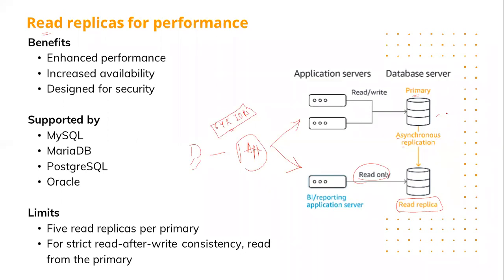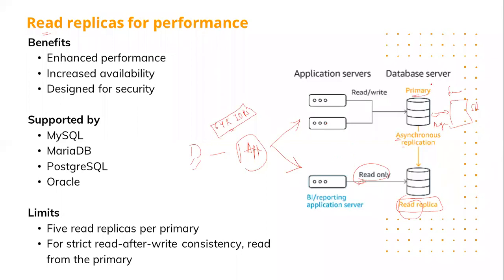Okay. So the standby, the secondary, is different from the read replica. The standby or the secondary will be in sync, and the primary and the read replica will be asynchronous. And this read replica is used only for reads, no updates.